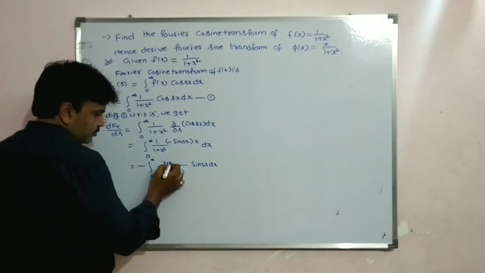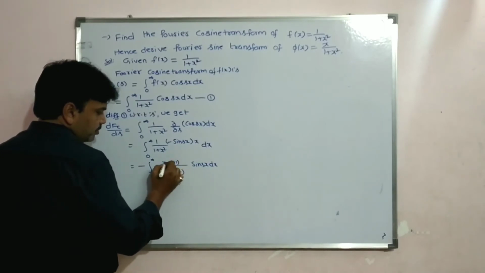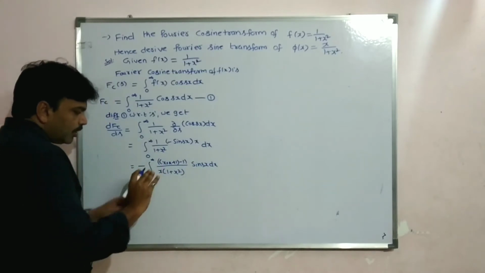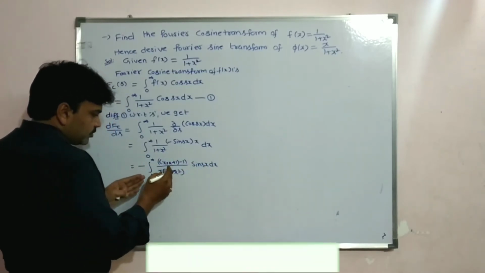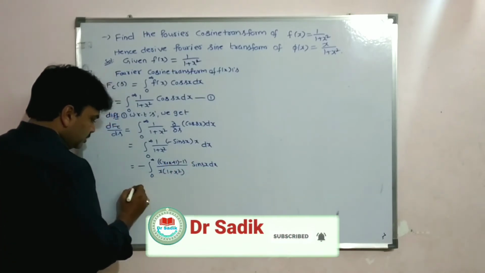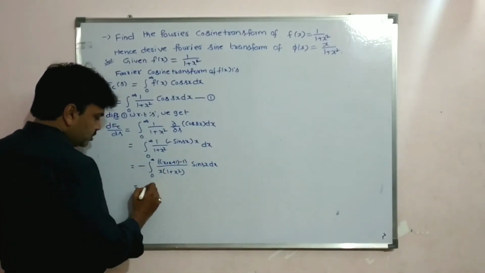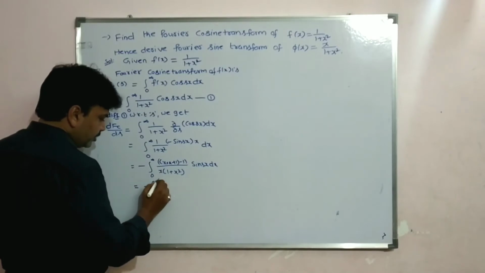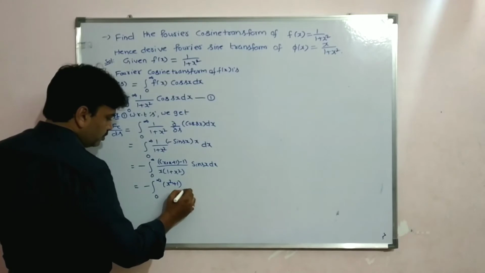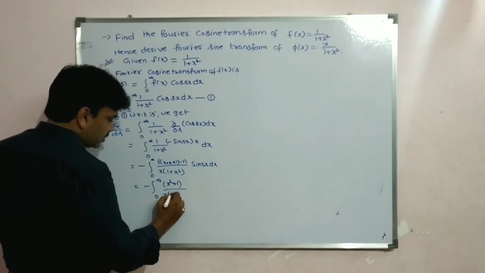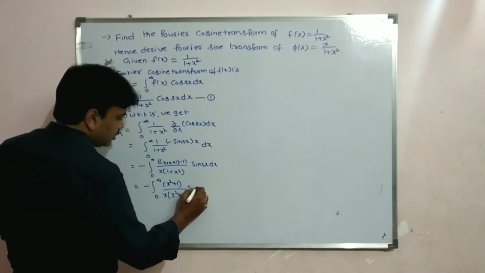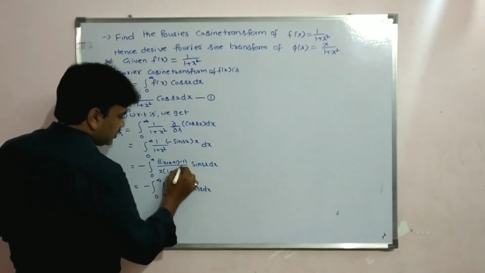Now, students, I want plus 1, so I add and subtract 1. Now I want to separate the terms: x square plus 1 as one term and minus 1 as another term. So that is equal to minus integral 0 to infinity x square plus 1 by x into x square plus 1 into sin sx dx.